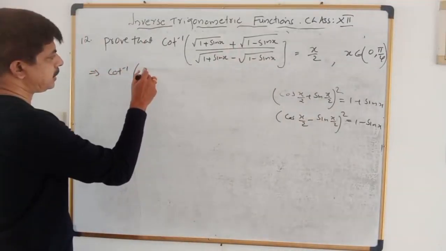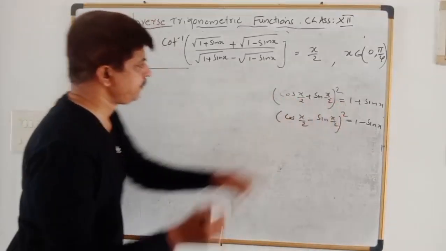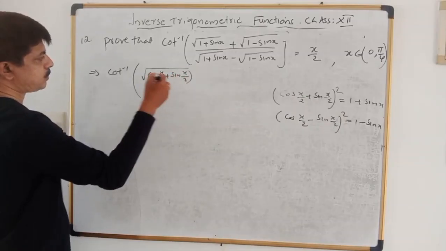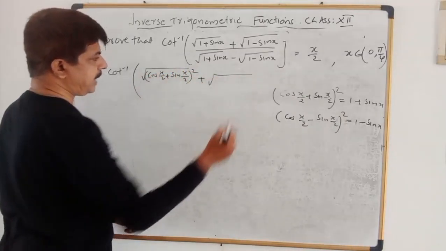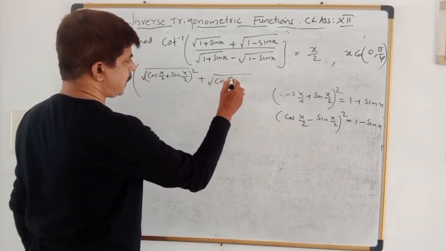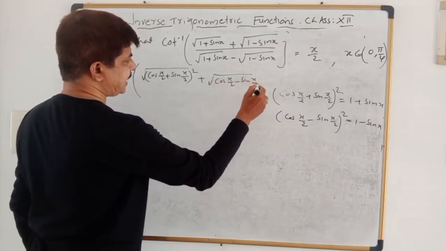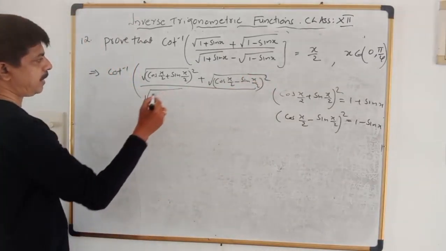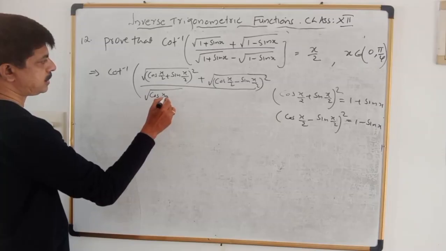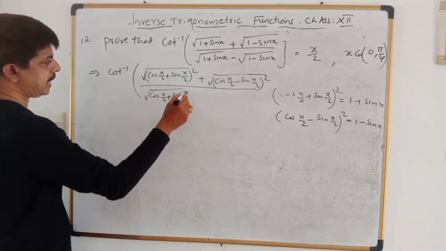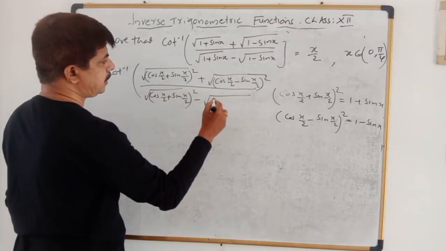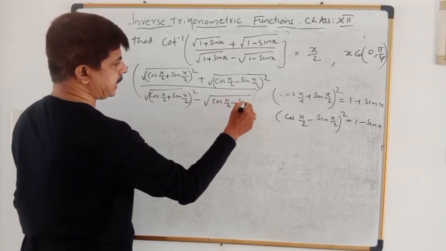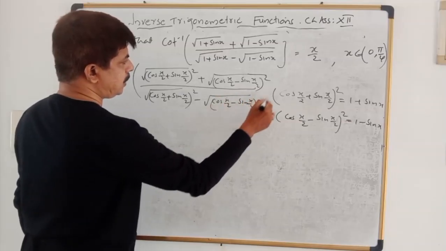So cot inverse bracket, root inside the root. 1 plus sin x becomes cos x by 2 plus sin x by 2 whole square. 1 minus sin x becomes cos x by 2 minus sin x by 2 whole square, whole divided by, again, 1 plus sin x which becomes cos x by 2 plus sin x by 2 whole square minus 1 minus sin x, substituted by cos x by 2 minus sin x by 2 whole square.